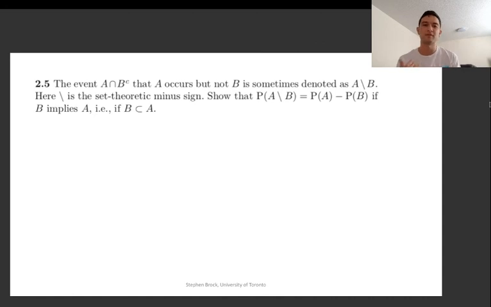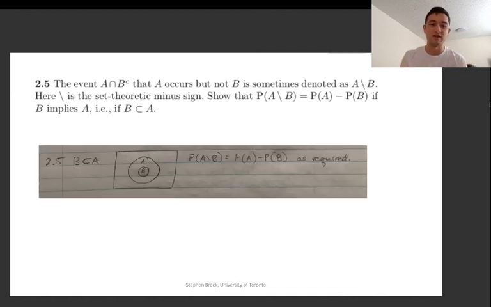So if you remember from the tutorial, and this is also mentioned in the textbook, that if B is a subset of A, then in our sample space, B is completely enclosed within the event space of A. And so again, how are we gonna write this out? How are we gonna solve this? Well, first, step 1, draw a Venn diagram, right?